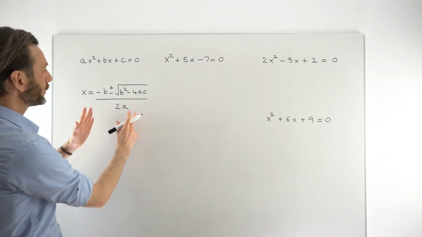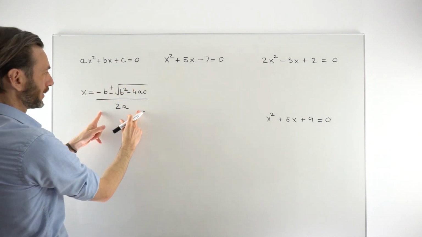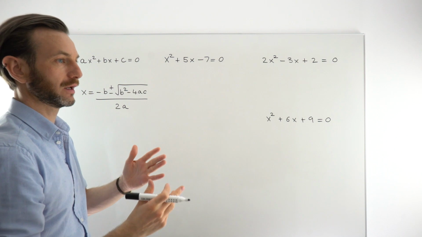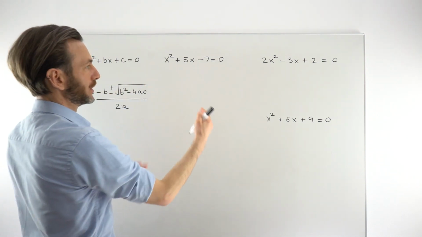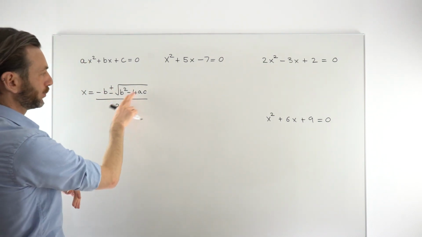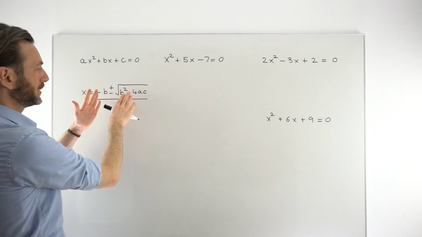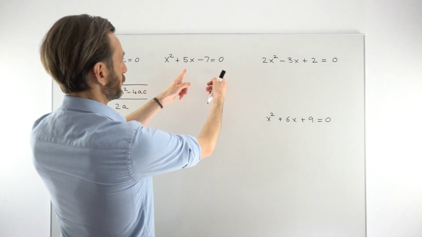You can always get the solutions to a quadratic equation by using the quadratic formula, even if the equation does factorize. Even if this can be put into 2 brackets and factorized, you could still get the solutions using the quadratic formula. It would not be advisable because it's going to take a lot more work than just putting this into 2 brackets.